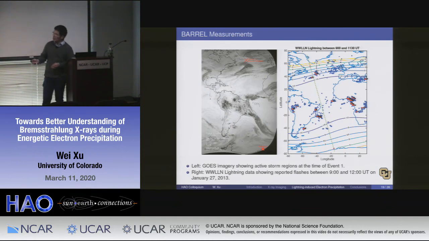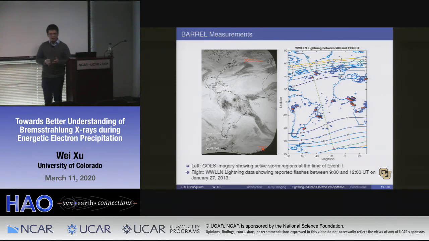Basically, the detection capability is found to be pretty low in high latitude regions. Also, we did a lot of simulations here. We used a total of 5 or 6 numerical models.